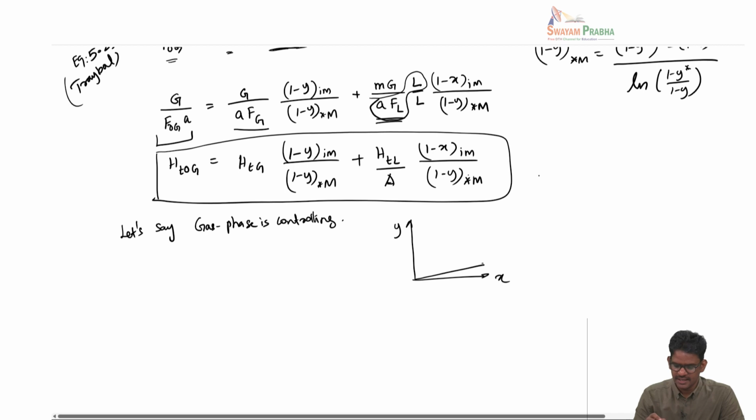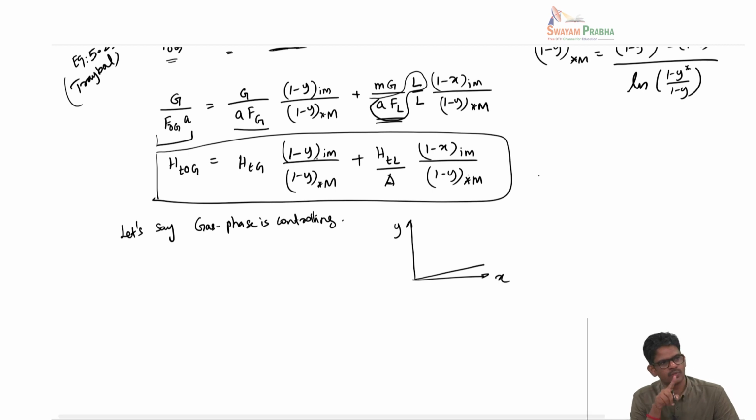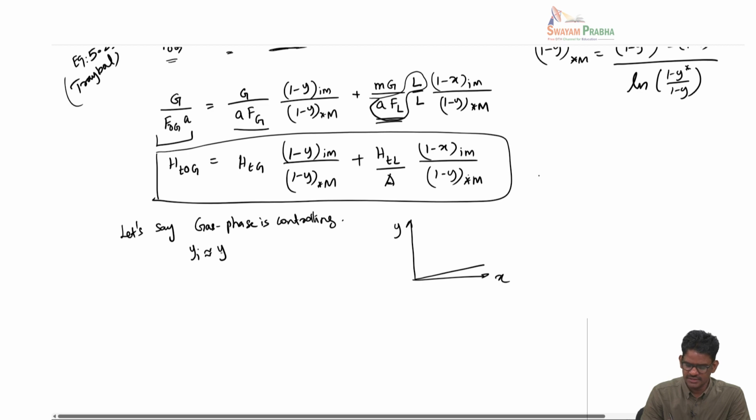So that means I can actually replace yi with y star. So yi is almost the same as y star. The interfacial concentration and the equilibrium concentration can be very similar. Then this entire term will be just 1. They are equal. So in that case I can write HTOG is equal to HTG plus HTL by A, and this term remains.